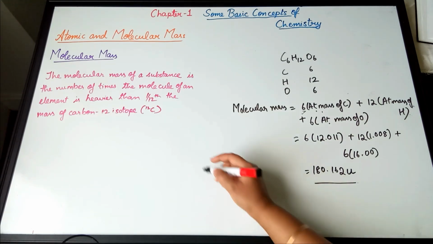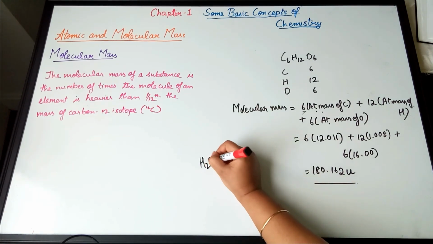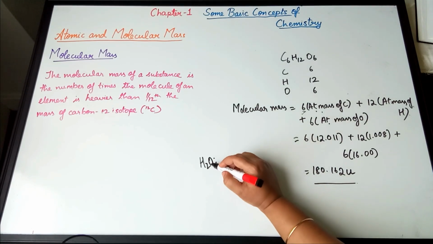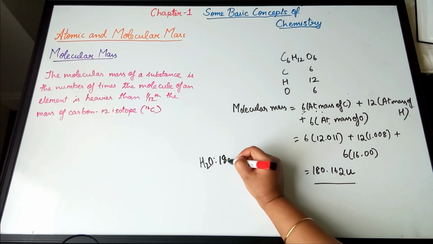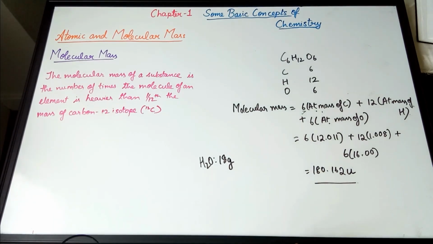The gram molecular mass of H2O, water, would be H is 2, oxygen is 16, so 18 grams. That's it. So gram molecular mass is nothing but the molecular mass in grams. Gram atomic mass was the atomic mass in grams.